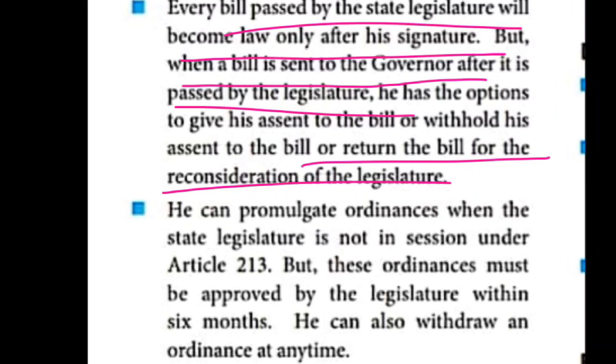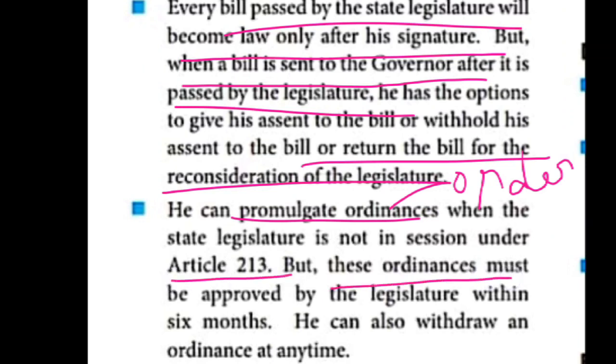The next point: he can promulgate. What is meant by promulgate? In the sense, he can pass, P-A-S-S, the ordinances. Ordinances, what is the meaning? Order, O-R-D-E-R. He can pass the order when the state legislature is not in session, as per Article 213.